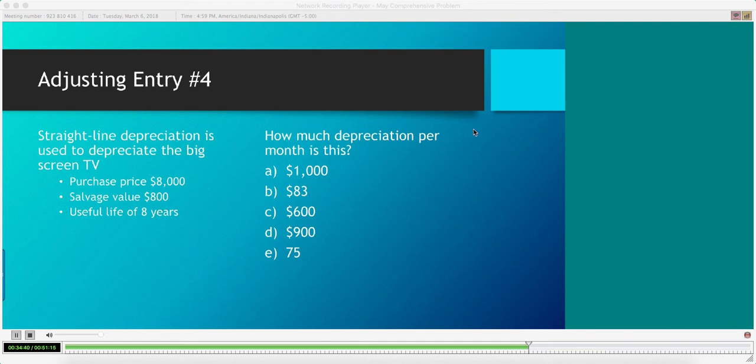So normally the salvage value has been 0. So we would have 7,200 divided by 8 gives us $900 a year. And then the 900 divided by 12 exactly is $75.